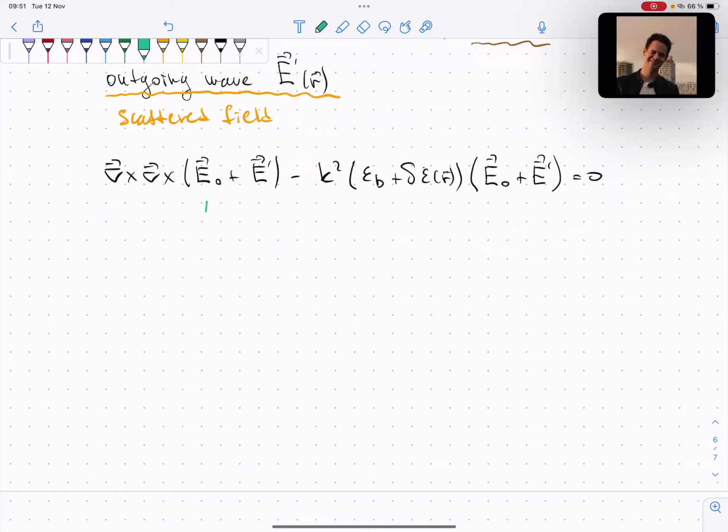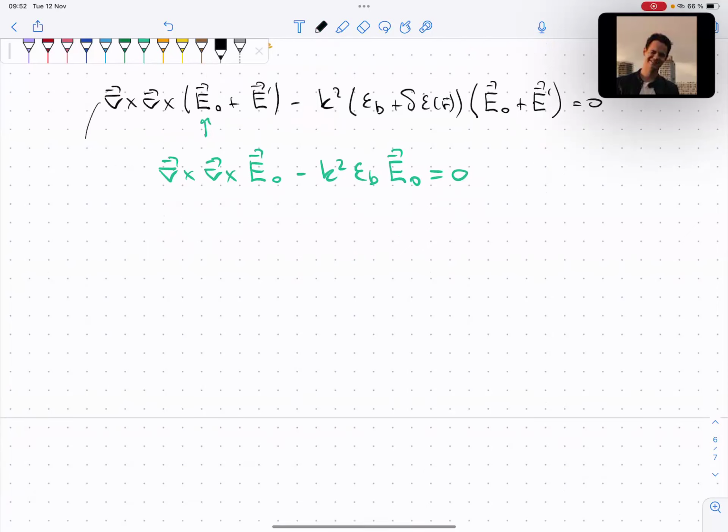We know that E0 is a solution of just the homogeneous wave equation, the basic solution of the wave equation without the scatterer. So this is the solution of curl of curl E0 minus k squared epsilon background E0.